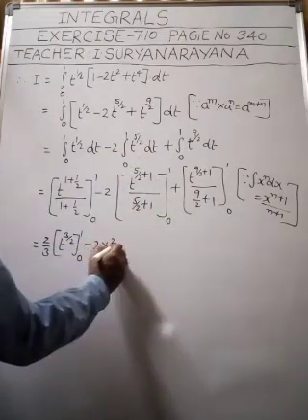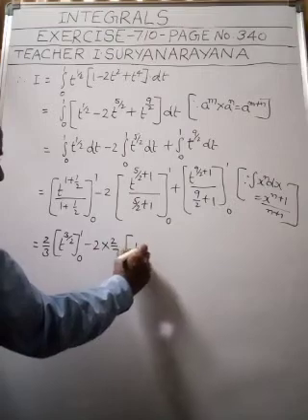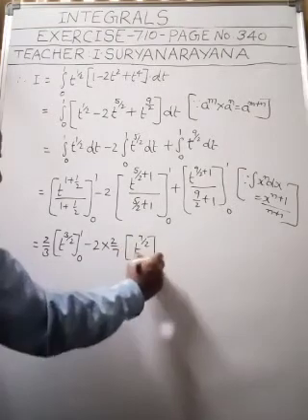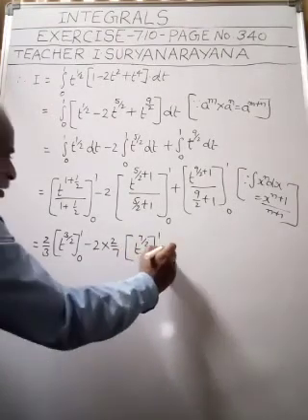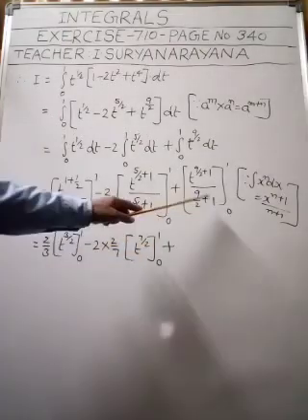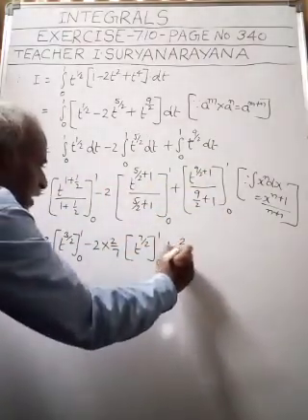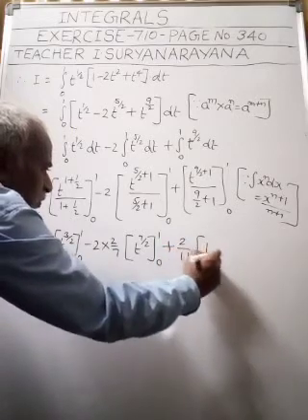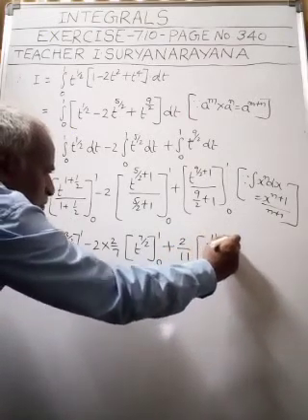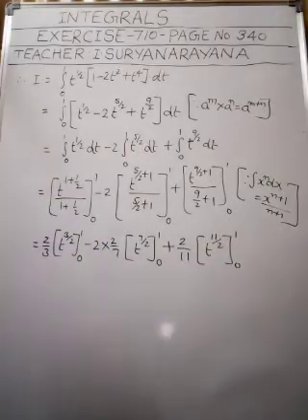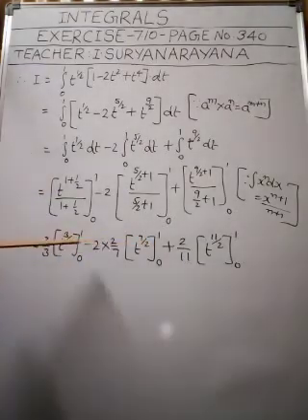So 2 by 7 into t power 7 by 2, 0 to 1, plus here what will you get? 9 by 2 plus 1, 11 by 2. So 2 by 11, t power 11 by 2, 0 to 1. Understood these steps, my children? By simplifying the numbers, I wrote directly here.